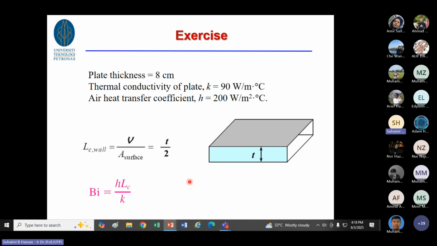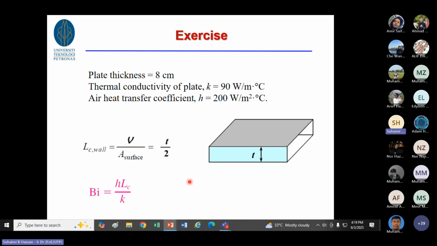Okay. Can you calculate now? This exercise, tell me whether the Biot number is accurate or approximate. Plate thickness 8 cm, thermal conductivity k is 90, h is 200, and Lc is thickness over 2.